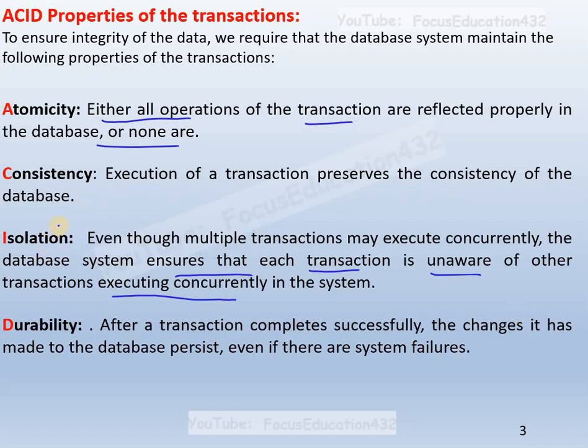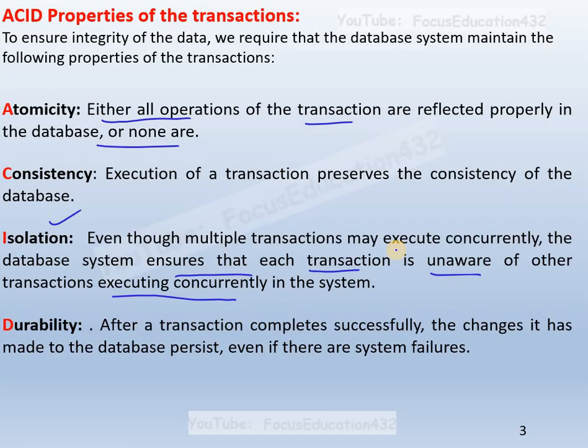So the third property here, isolation, what it means, even though many transactions are happening or simultaneously executing at the database, it is the job of the database system to ensure that one transaction is unaware of the others. That means they should execute in such a way that it is as if one is after the other, in a serializable manner. It should happen in that way.